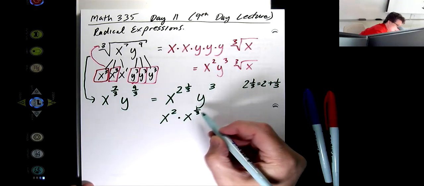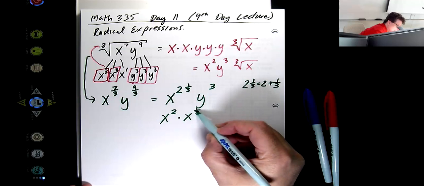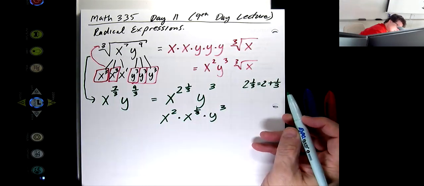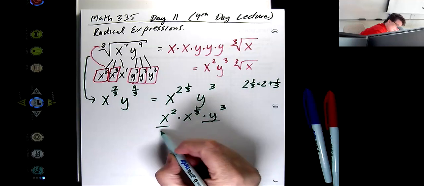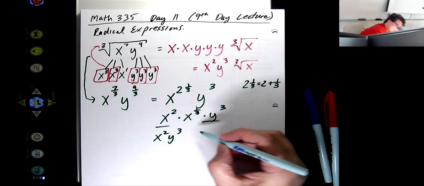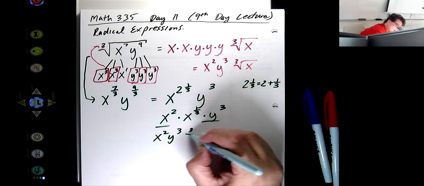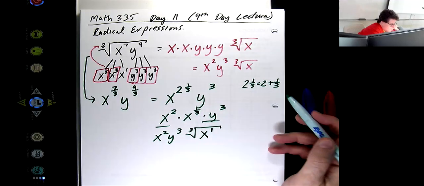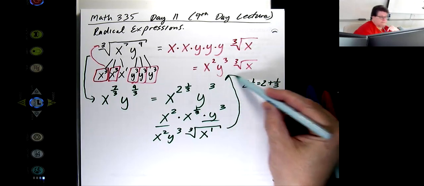Because we can do that adding thing, we're just undoing the adding of the exponents right here. And these two have whole numbers, so they're just whole numbers. And the x to the 1/3, the 3 tells it to cube root, and the number on top is the exponent. And we get what we had here.